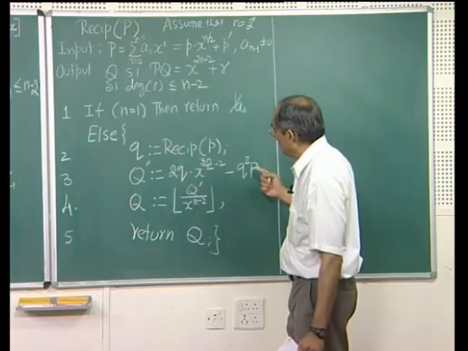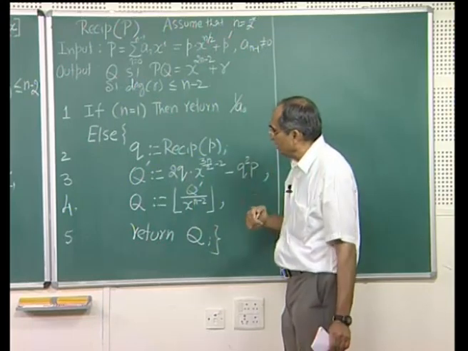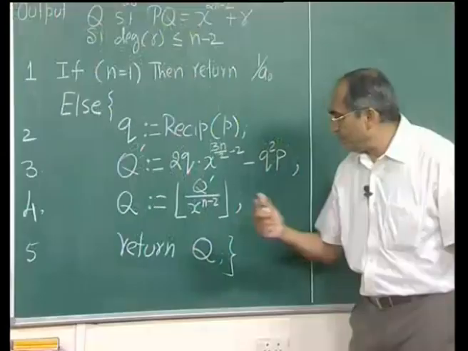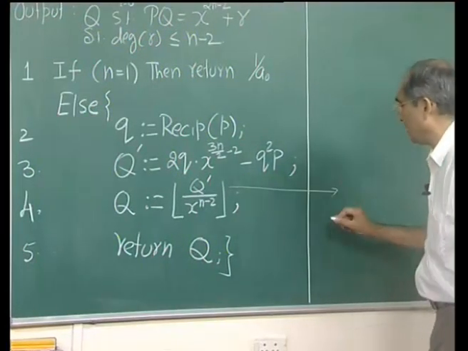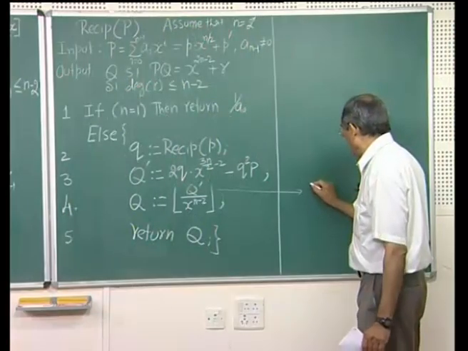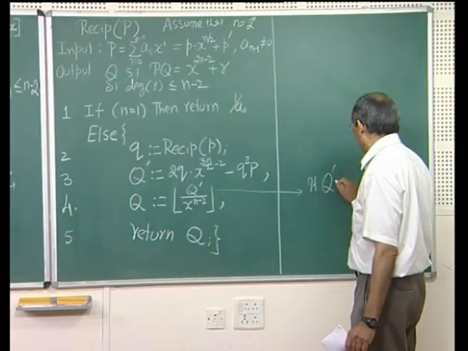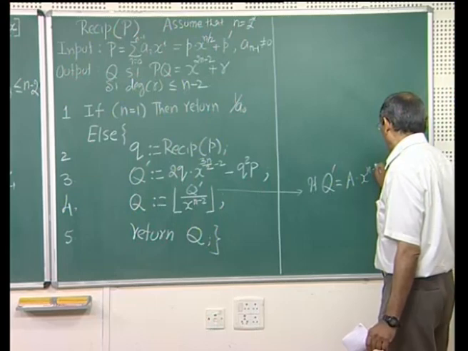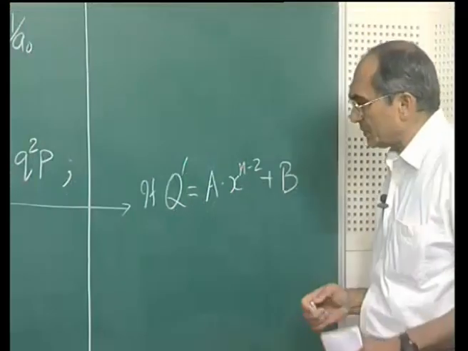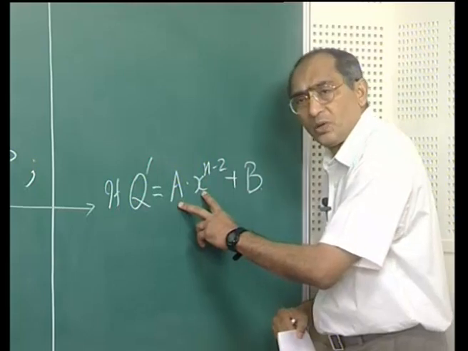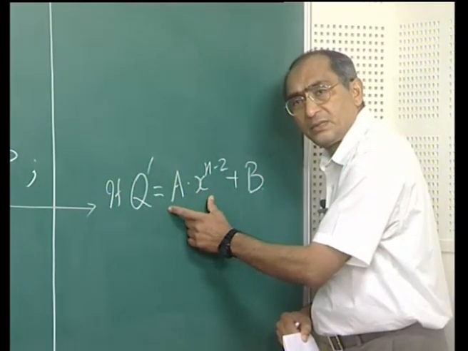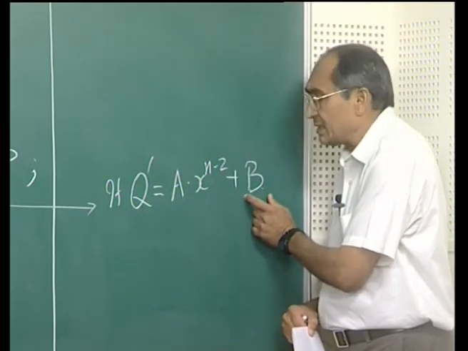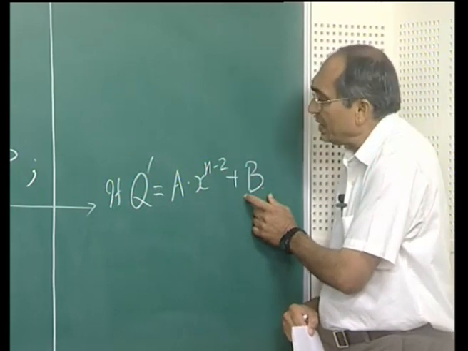And the next step is actually a copy of the similar step in the integer computations. Let me just make sure this is clear. What this says is that if q prime can be written as some a times x to the power n minus 2 plus b, which means all the terms of degree n minus 2 or more are put together as this by taking x power n minus 2 common, and this is the remainder which has degree n minus 3 or less.